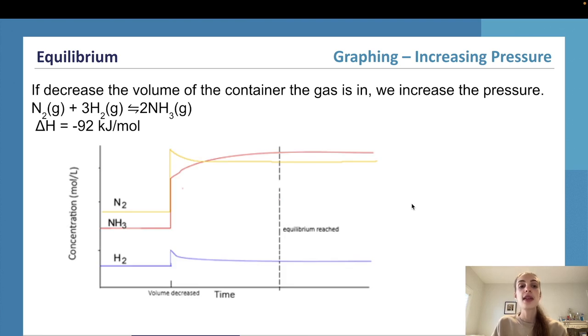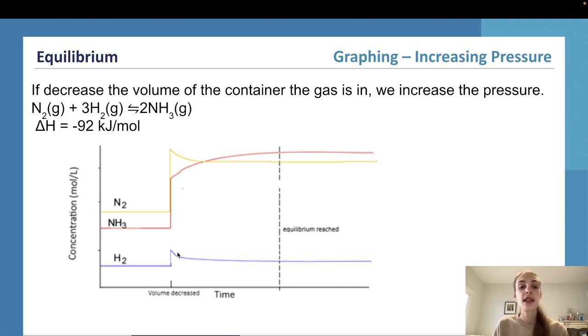And so we can look at this here in terms of the concentrations, and we can see that our concentrations of all of the reactants and the products have increased in accordance with their molar ratios. So when we had that increase in pressure, because we decreased the size of the container, decreasing the size of the container was going to increase the concentrations of all of them.